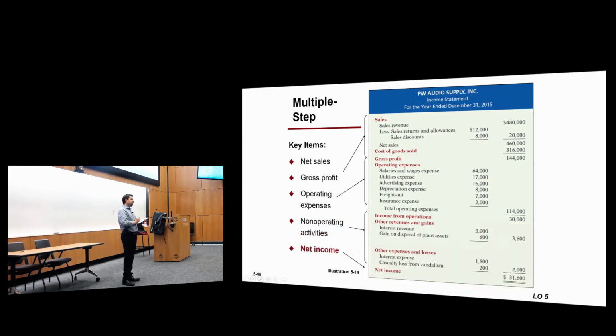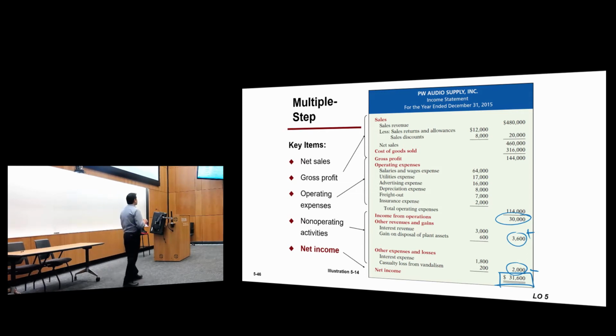So once you have income from operations, you add other revenues and gains, and you subtract other expenses and losses. That will give you the actual net income of the company. This is the net income that you end up with.